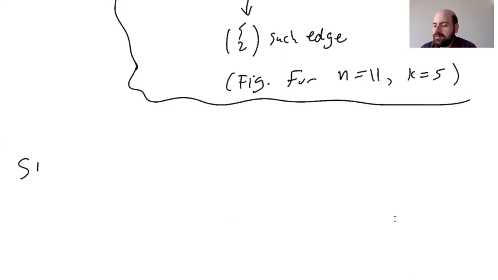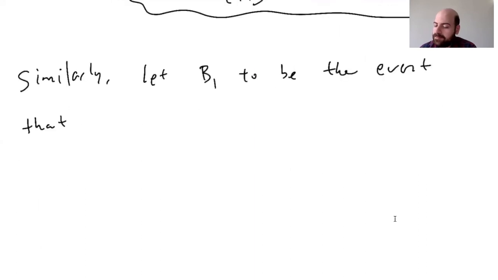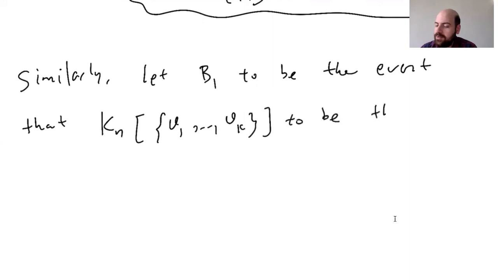Similarly, if I let B1 be the event that Kn of V1 to Vk is a blue Kk this time, then I can say that the probability of B1 is equal to 2 times, again a similar argument.